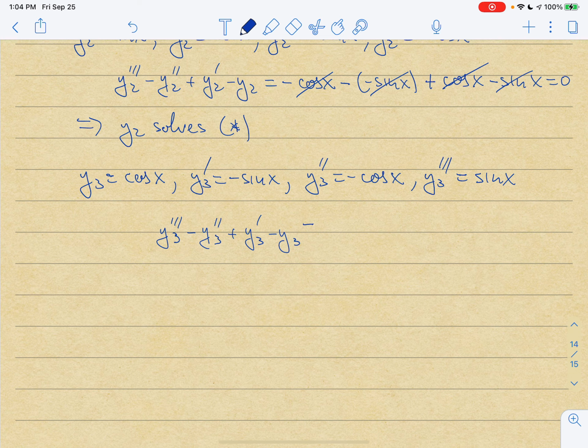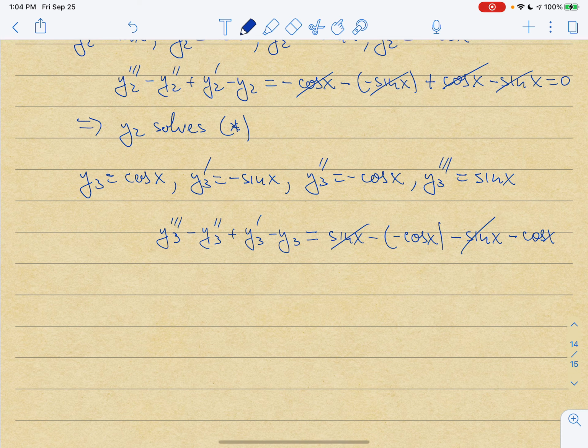And if we do so, then y3 triple prime is sine x, minus y3 double prime is plus cosine of x, plus y3 prime, that's minus sine x, and minus y3, plus cosine of x.